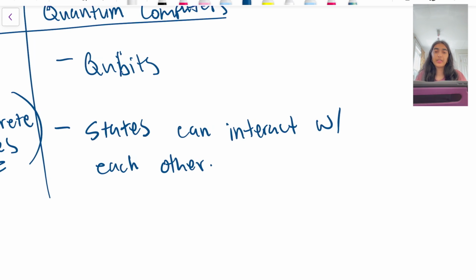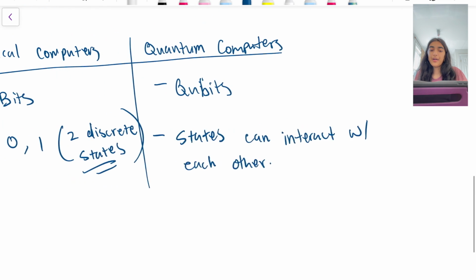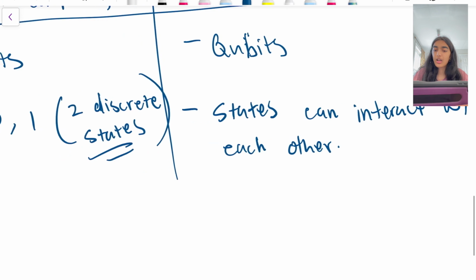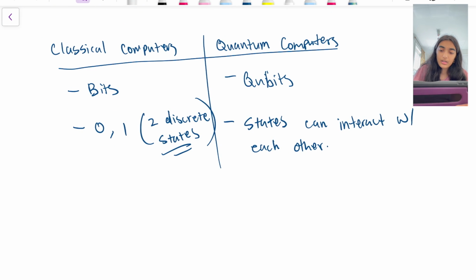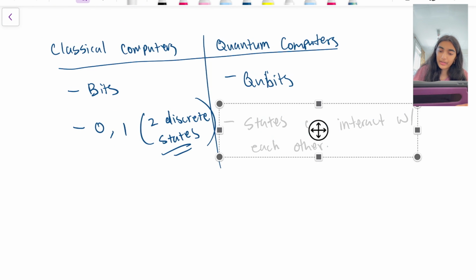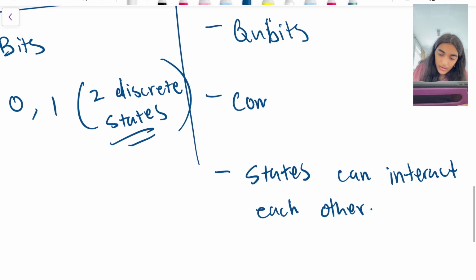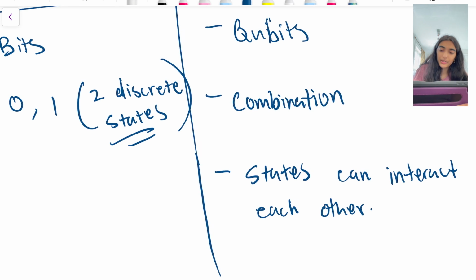We have this sort of interference concept from quantum mechanics showing up here. States can interact with each other, and we can have combinations. Okay, that's what I wanted to say.